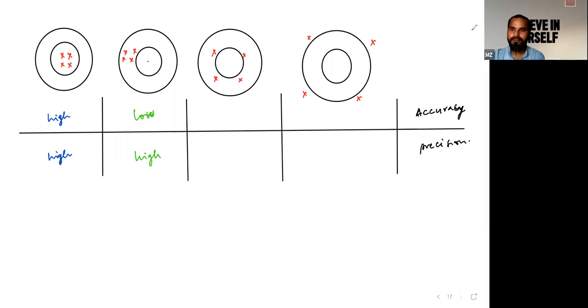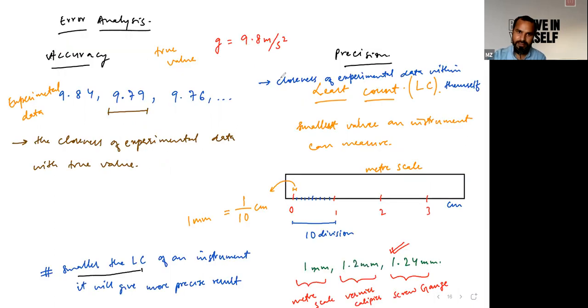So why is the precision high? Precision means, as we have discussed in this particular part, the closeness of experimental data within themselves.